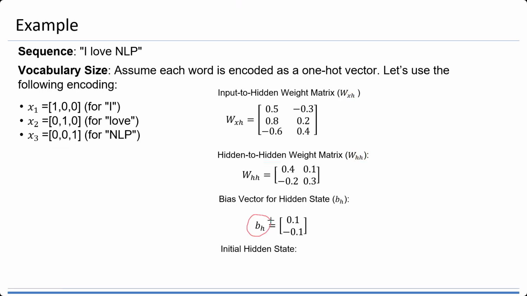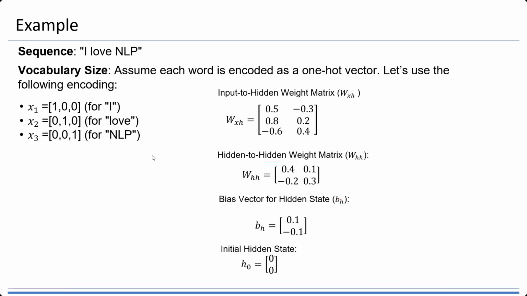If you know data mining in neural networks, there are biases, and this is the bias value for the hidden state. And let the initial hidden state be 0, 0.